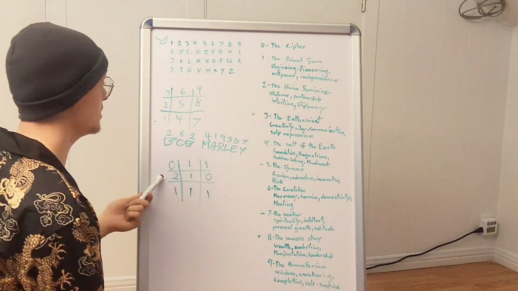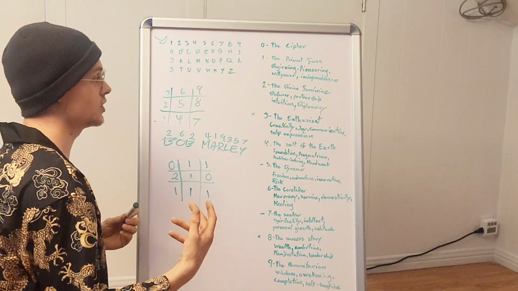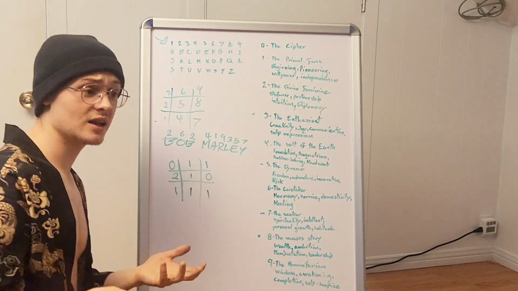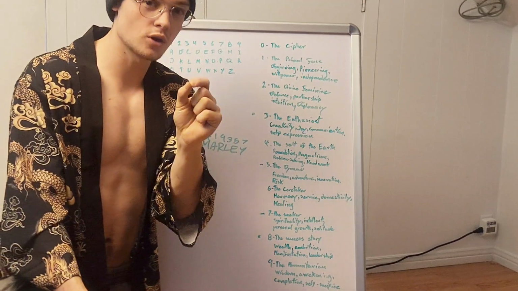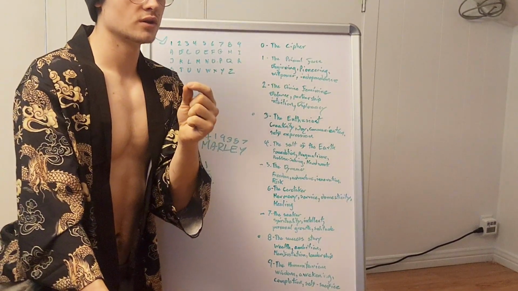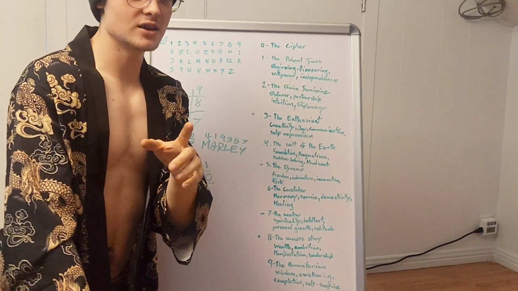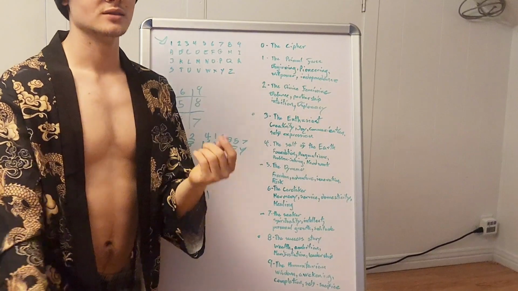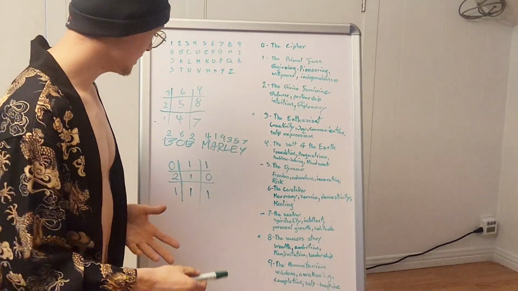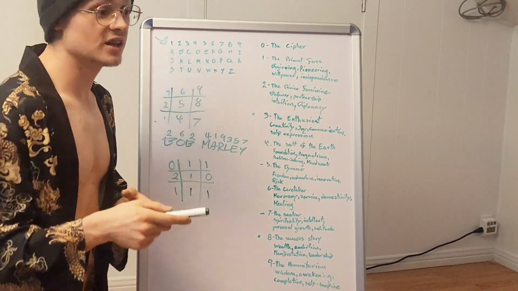The 2 right over here is what's called the balance, the partnership, the intuition, and diplomacy. Mr. Bob Marley had what's called a small struggle to deal with his partnership in his life. But it doesn't mean he had a big struggle about it. It just meant that he had to work on that in the beginning of his life.